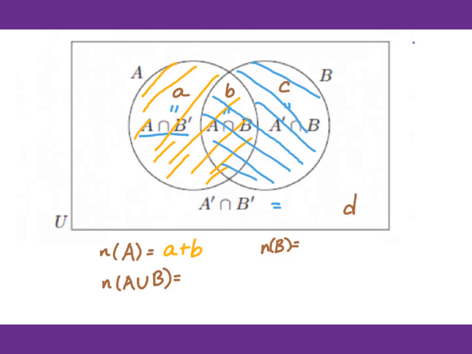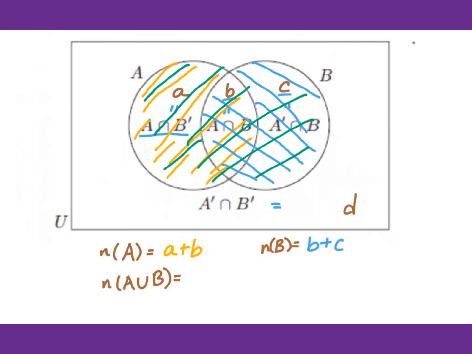Therefore, you could say it's b plus c. How many elements in A union B? That means everything in A or B counts. Everything counts. Therefore, you will get a, b, c.